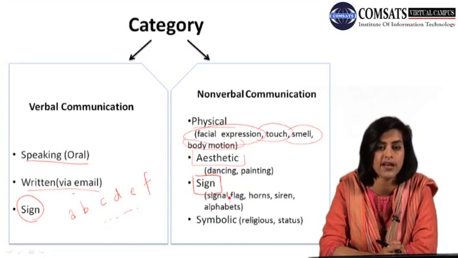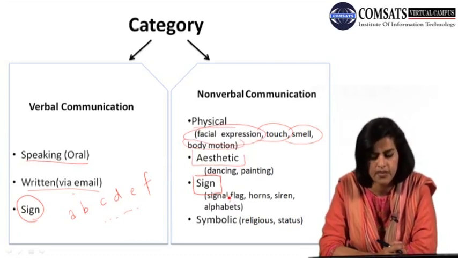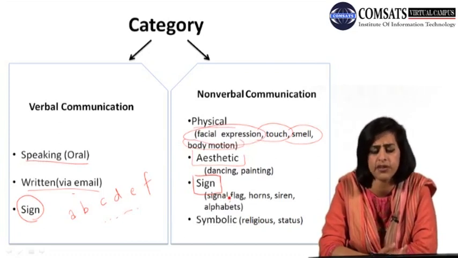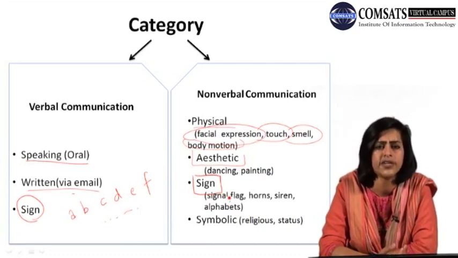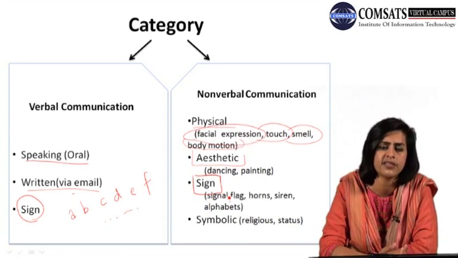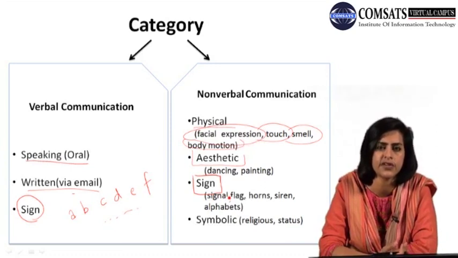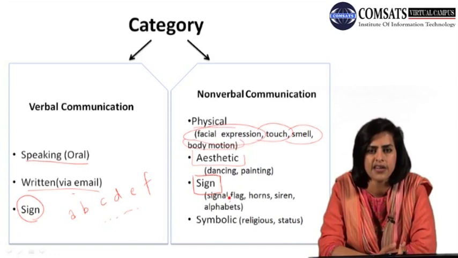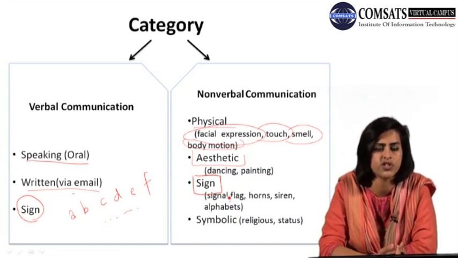Now our Pakistan flag is the sign of unity, the Muslim majority, and the non-Muslim minority. Then different horns, you must have listened to different sirens, like fire brigade sirens, and then an ambulance siren. You get to know that there is an emergency, and the ambulance needs a path.